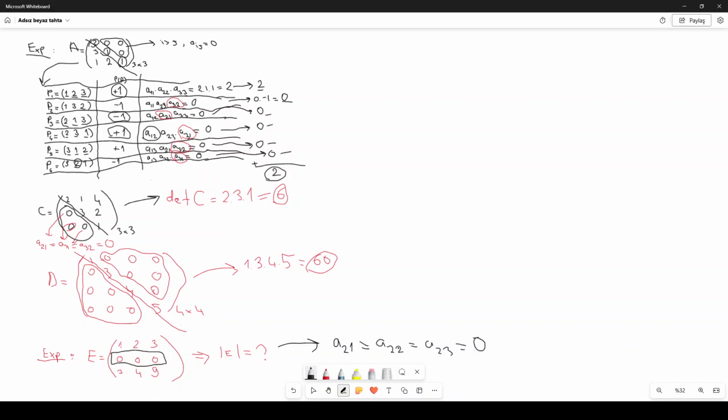Regardless of what the values are, since again we have a 3 by 3 matrix, the permutations and the formula would be the same. So we will be multiplying the same entries, right? Unless the size changes.